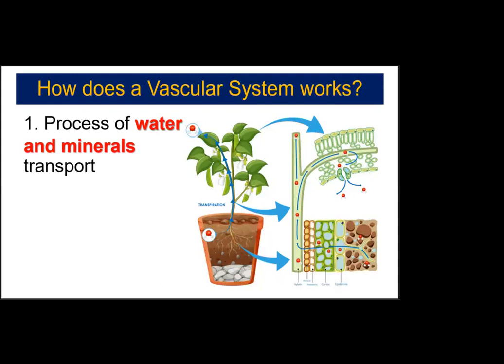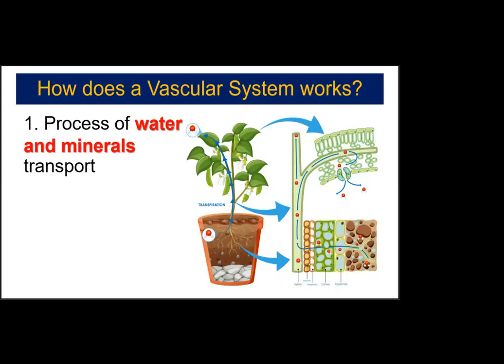So today we are just going to continue with our lesson about transport systems in plants. Last time we discussed that vascular plants, meaning those plants with vascular tissues, have a different transport system than non-vascular plants.